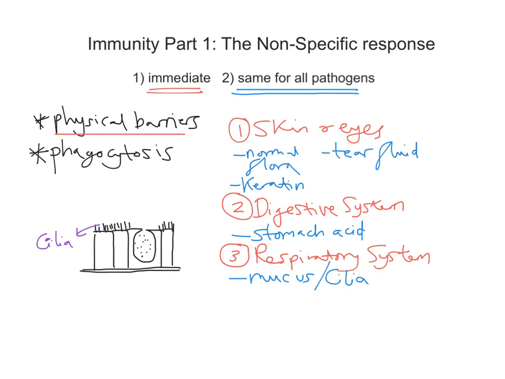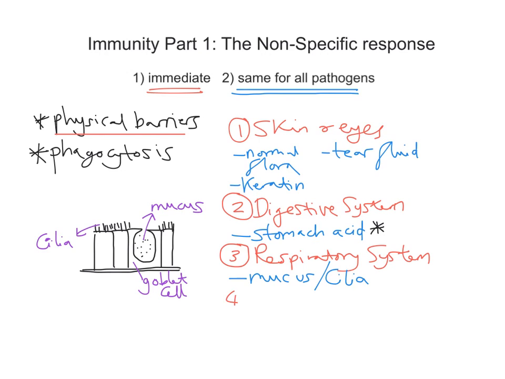We've got goblet cell here, and a goblet cell is what produces this mucus. So you can see this mucus will trap dirt and pathogens, and the cilia waft that mucus to the top of the throat, where it's swallowed, and then, coincidentally, this stomach acid can then work on that mucus and kill any invading pathogens. So a little bit of extra detail there for number 3, the respiratory system.